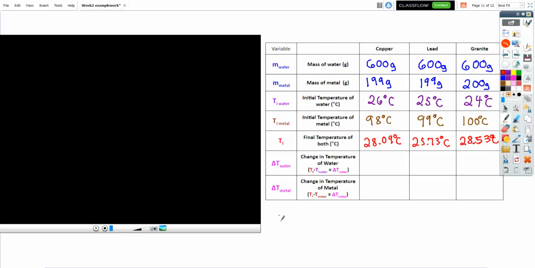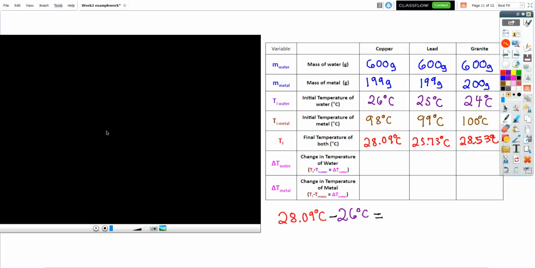So my final temperature is 28.09 degrees Celsius. And I'm going to subtract my initial water temperature, which is 26 degrees Celsius. Now, I'm sure most of you are doing this in your head right now, but this is chemistry.